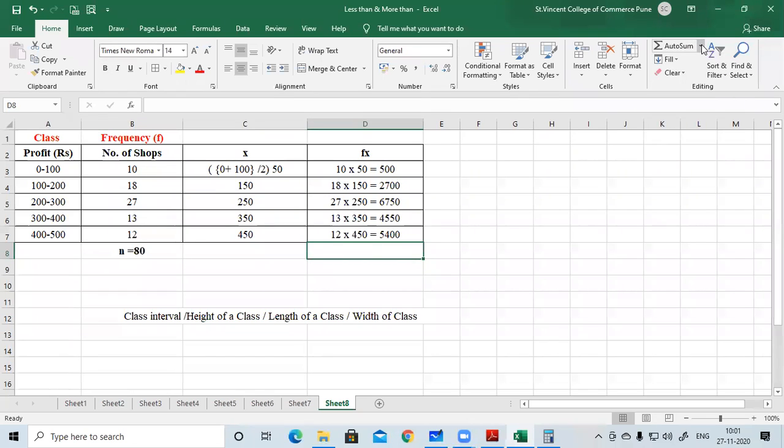Now sigma fx is the total of your fx column. Now come on, get me the total of the fx column.